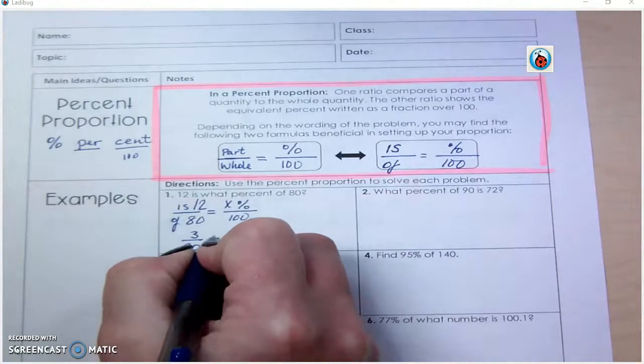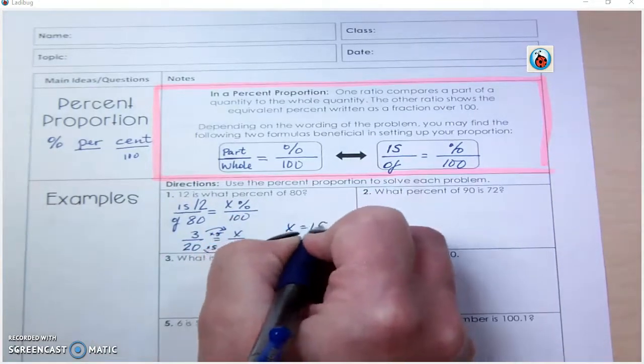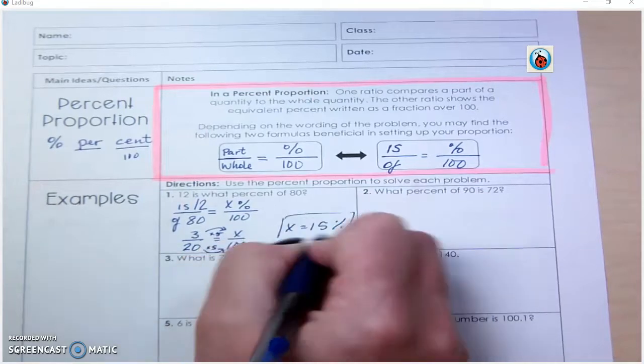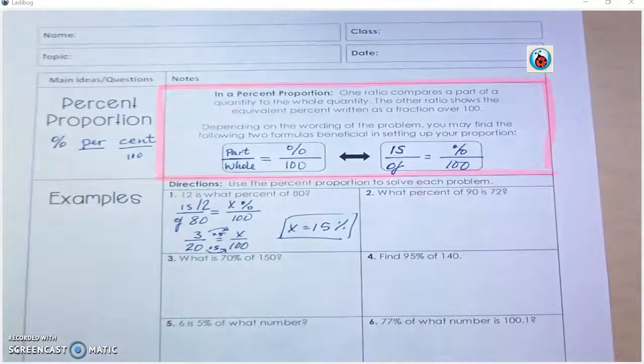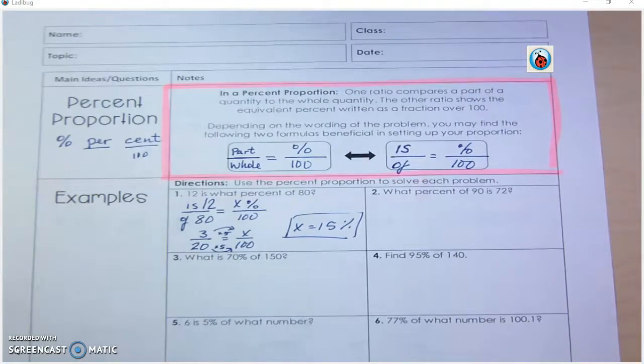Hopefully you see in this relationship that x is going to equal 15%. In the percent proportion, your percent value is already a percent. With the percent equation, we had to convert it because our final answer was in decimal format.